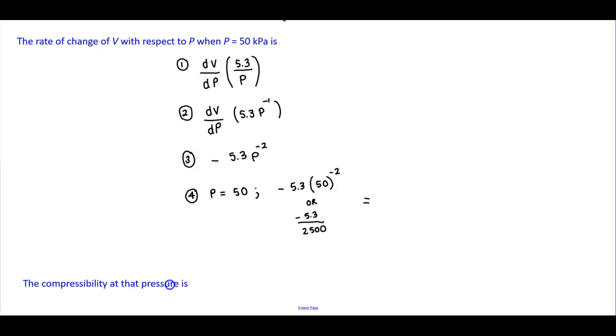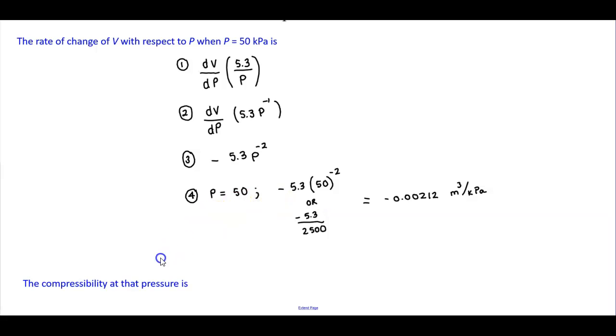Well, that's going to give us the following answer: -0.00212 cubic meters per kilopascal. So therefore, that gives us the following answer.